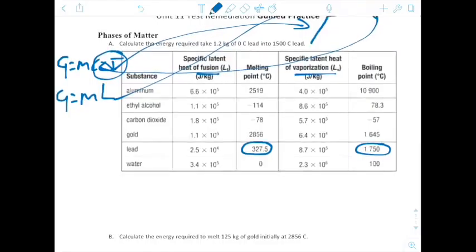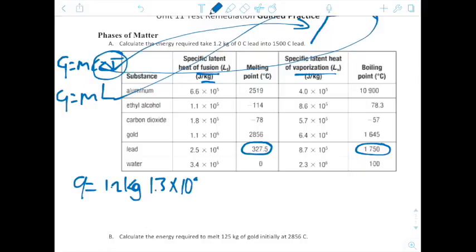So our first one is going to be our Q equals mc delta T, and so our Q equals a mass of 1.2 kilograms, and this is in kilograms, times the specific heat, which I got from our previous chart, which is 1.3 times 10 to the second, times our change in temperature.